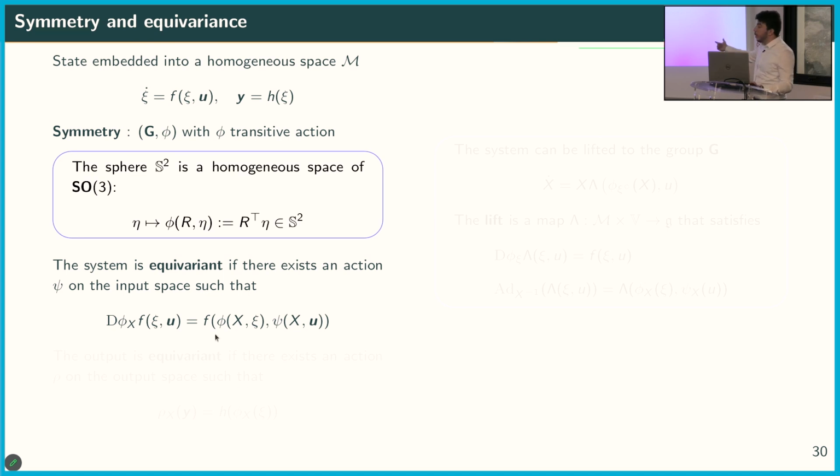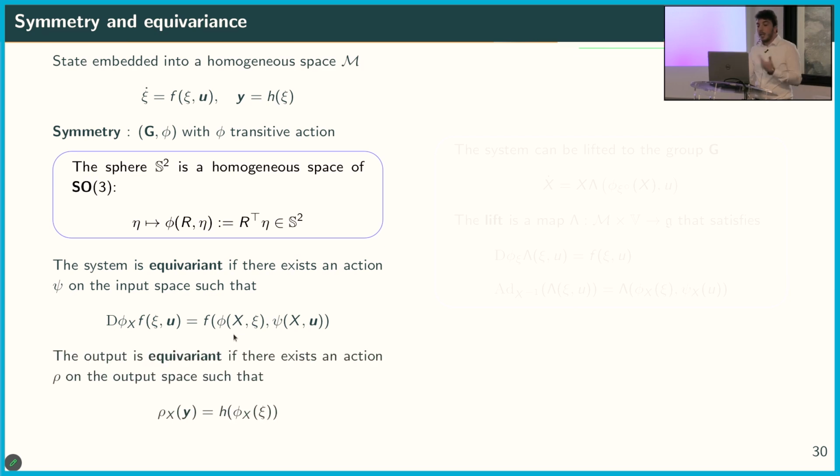So there is also an equivalent transformation on the input space that matches the action on the state itself. And we can also do this on the output. If we have an output y, which is h of psi, I can also find a group action on the output such that if I transform my output, it equivalently transforms the state. And so we talk about equivariant outputs as well.